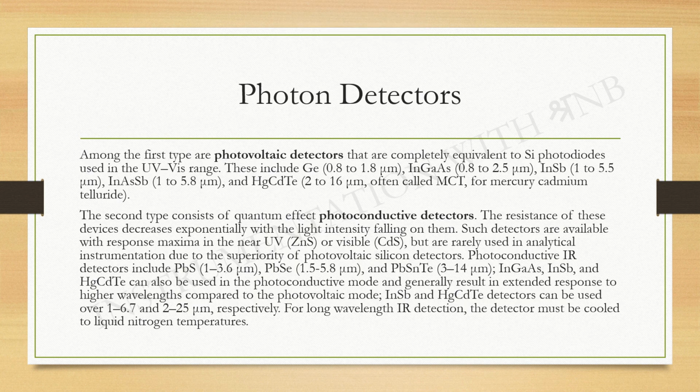The other type of detectors are photon detectors that I have already discussed in detail in UV visible spectroscopy. So basically they are divided into two: photovoltaic detectors and photoconductive detectors. Here in IR, photovoltaic detectors are Ge, mercury cadmium telluride.